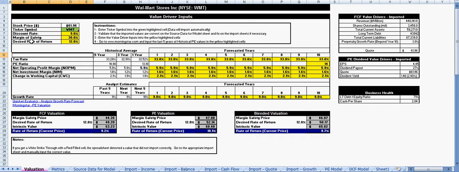If I change my desired rate of return from 15 to 12, it tells me the price I would need to wait for in order to get a 12% return. In this case, somewhere between $48 and $52 a share, so a blended value about 50.